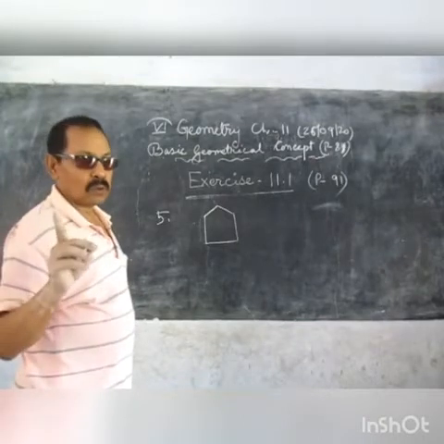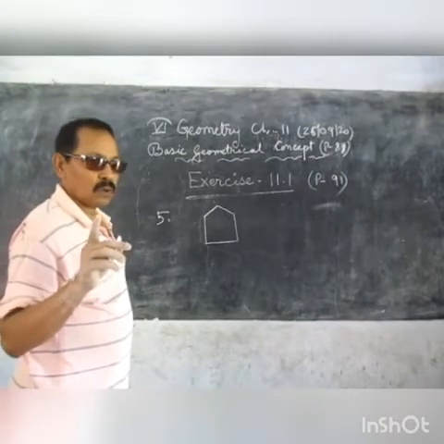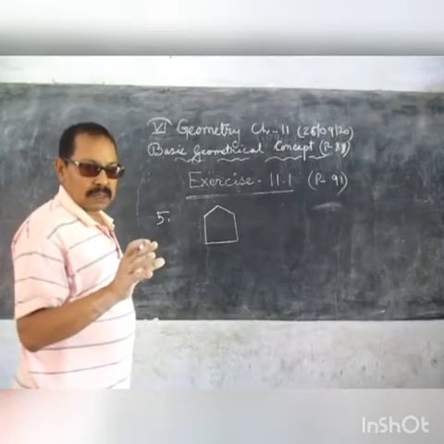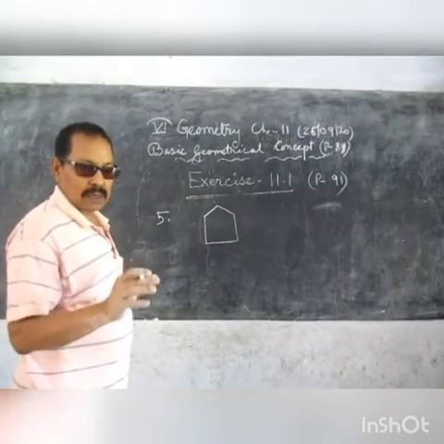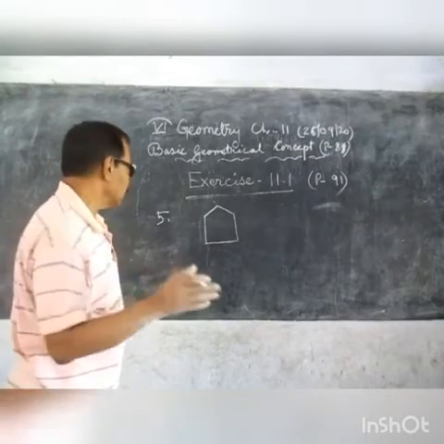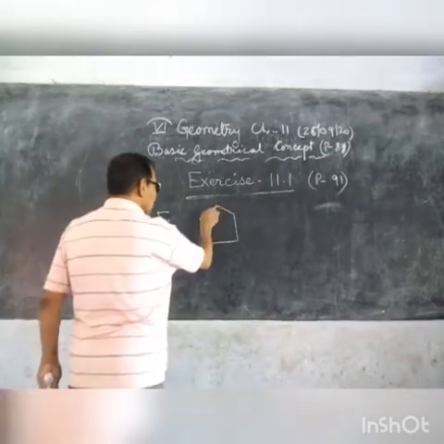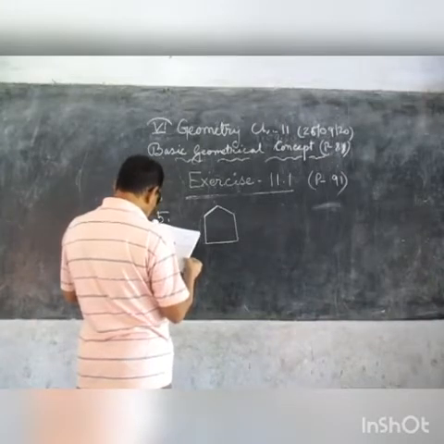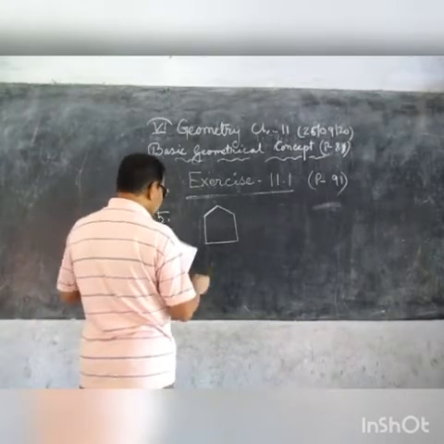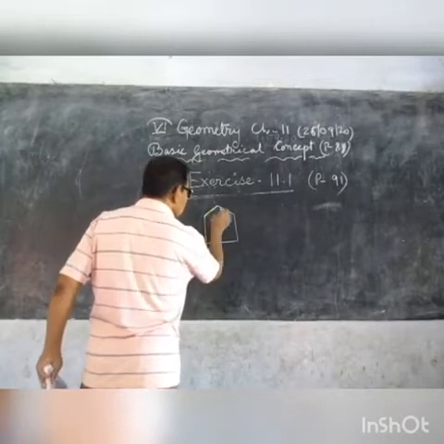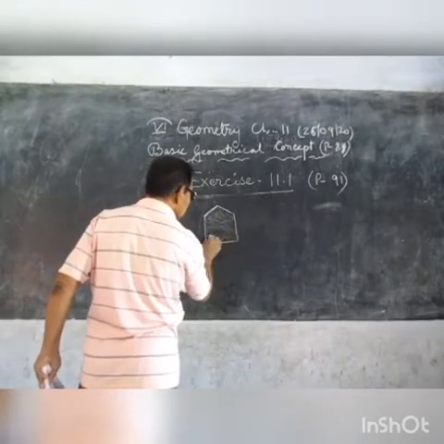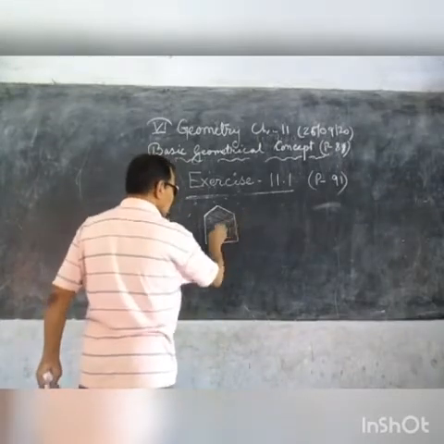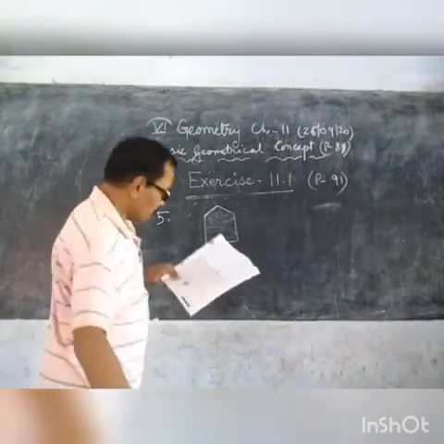The polygon starts with the triangle, 3-sided, then quadrilateral, pentagon, hexagon, like this. So it is a pentagon, a 5-sided polygon, and shade its interior. This portion shaded is the interior. This side outside is the exterior. So you shade it yourself.